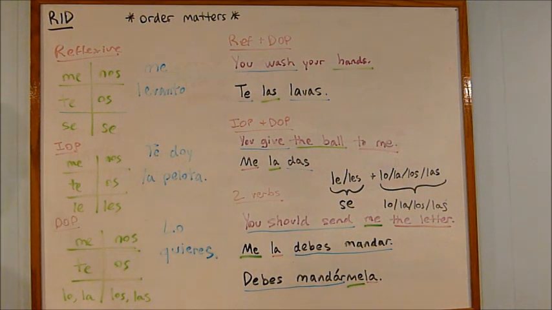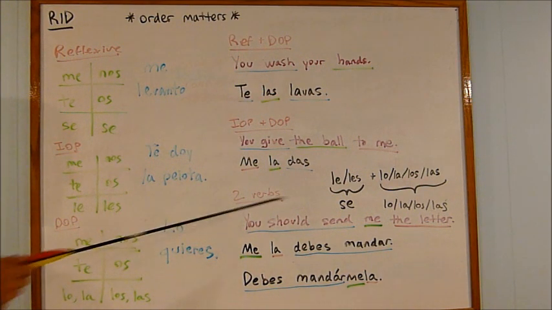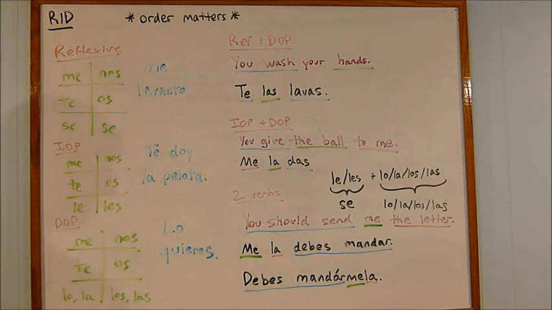Lastly, what if you have two verbs and either one or two pronouns? If I said you should send me the letter, to should is deber, and to send is mandar. So you should send is debes mandar, literally translated. The direct object in the sentence is the letter because it is directly being sent.